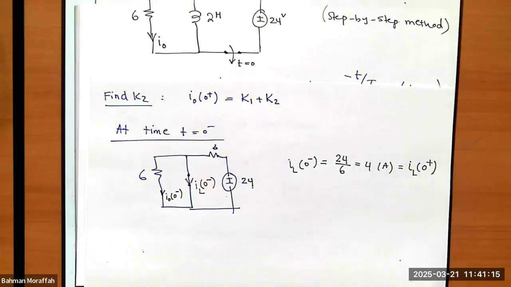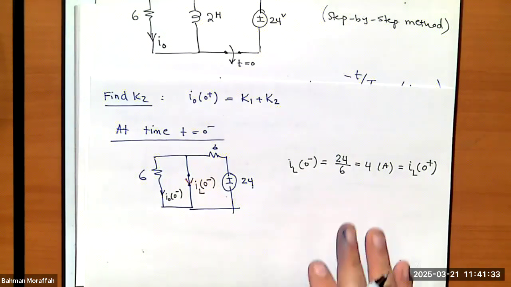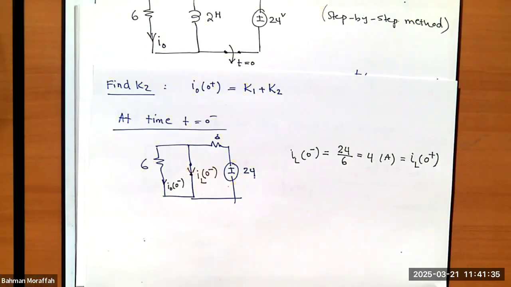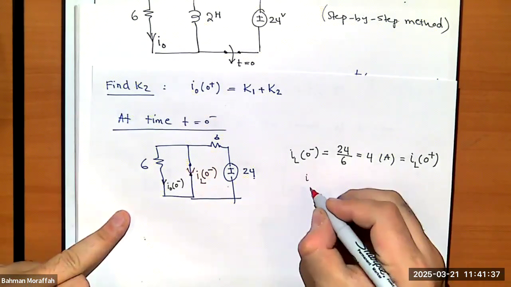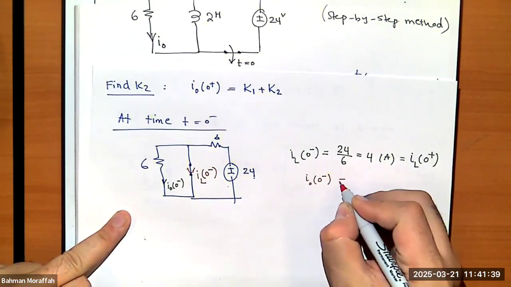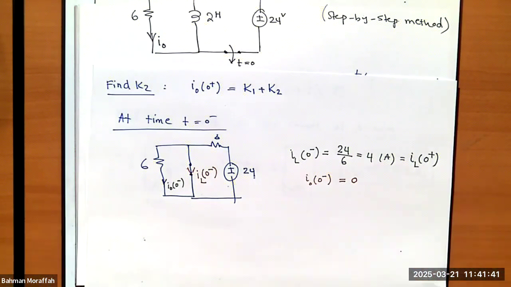But like I said, for the sake of conversation, what is I naught at time 0 negative? It's 0. I just need to write a KVL in this loop on the left. So I naught at time 0 negative is actually 0.